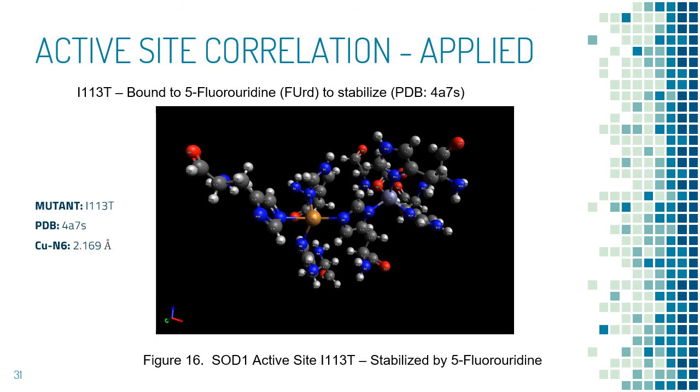So now I said, well, maybe I can apply this knowledge. So what I did was I took a known SOD1 mutant, I113T, that causes ALS, and there was a paper written up about 5-fluorouridine being bound to it and actually stabilizing the homodimer.